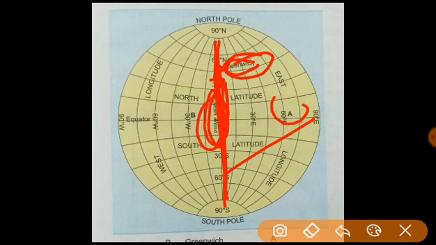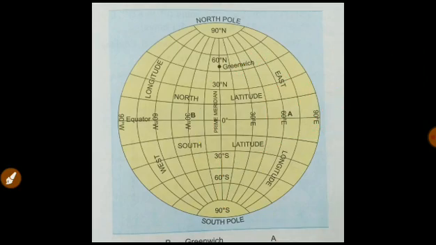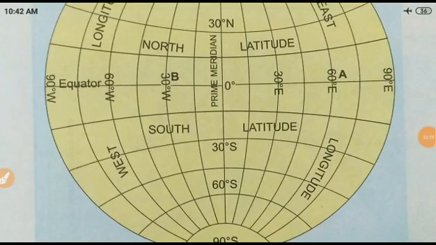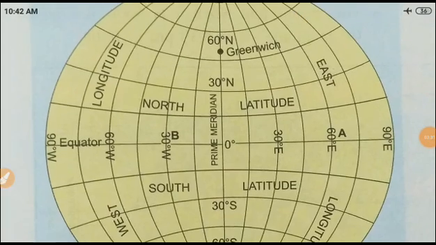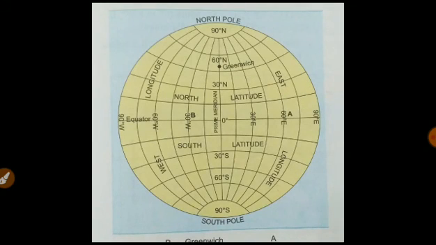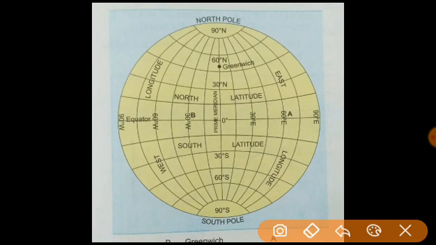That's why it is also called GMT, Greenwich Mean Time. So you can understand the importance of this Greenwich line, because this line decides the time from here to there. So it is very important.